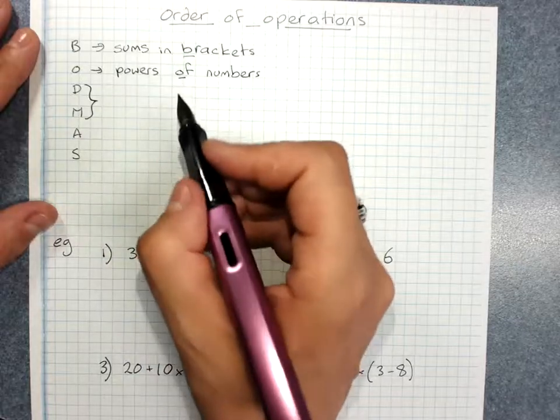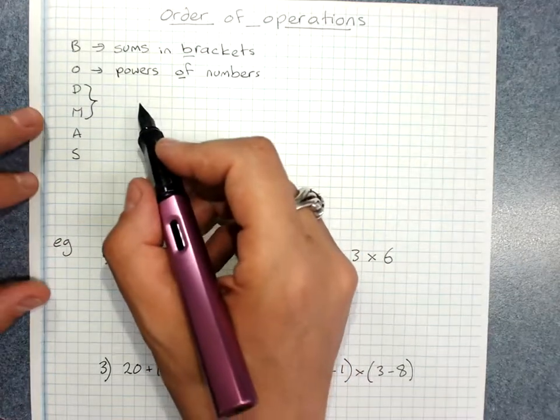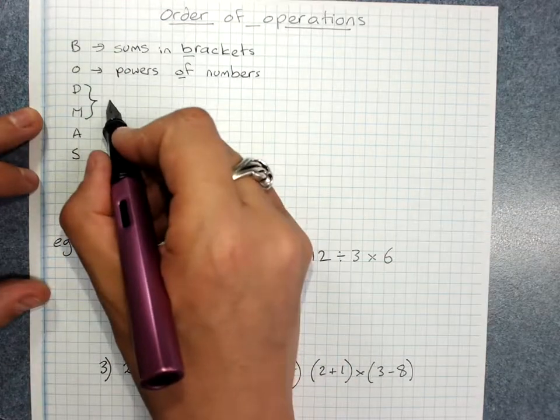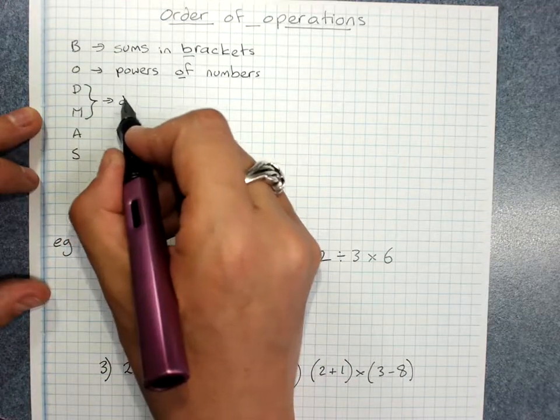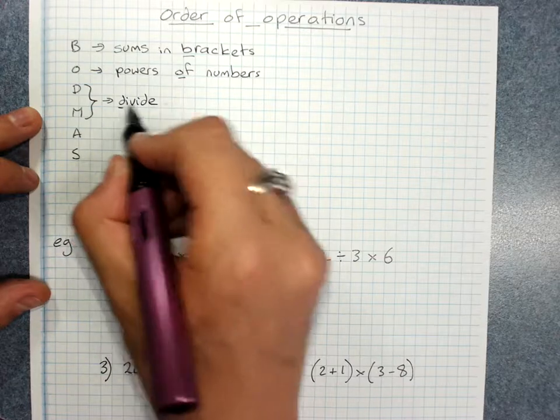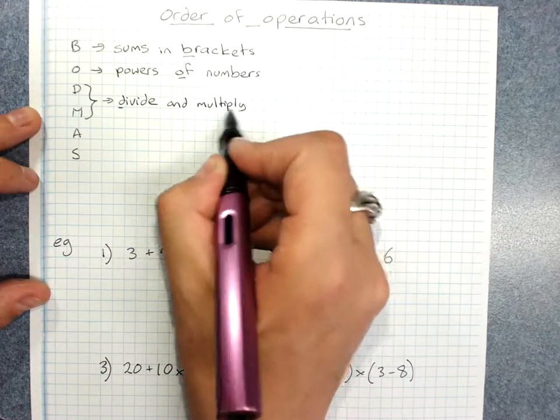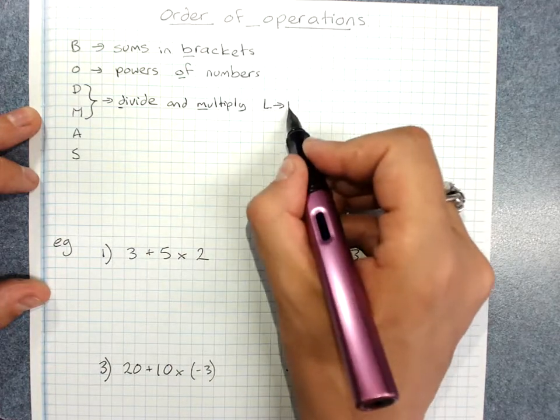Now, division and multiplication happen at the same time, left to right. So this is divide and multiply left to right.